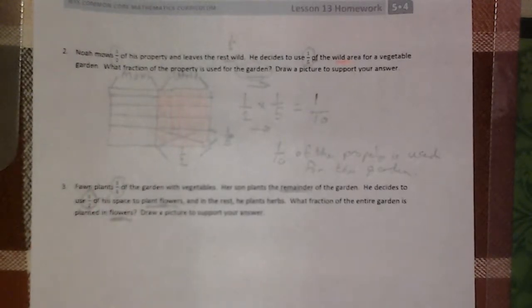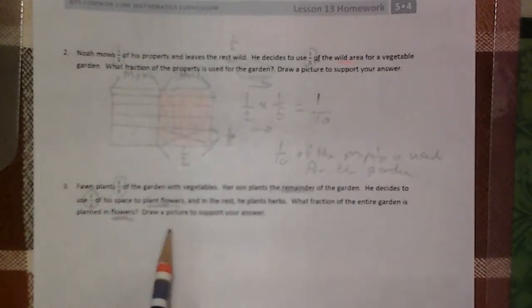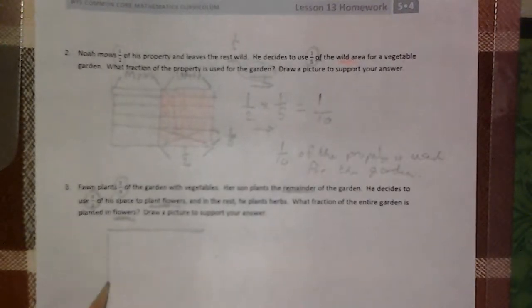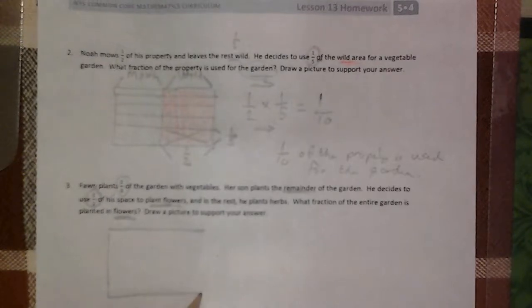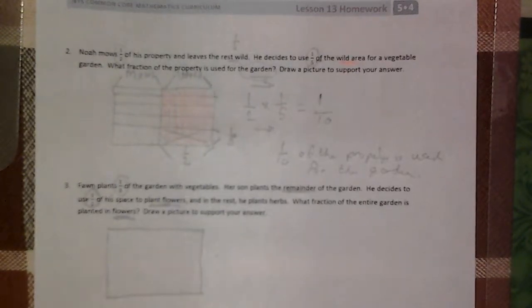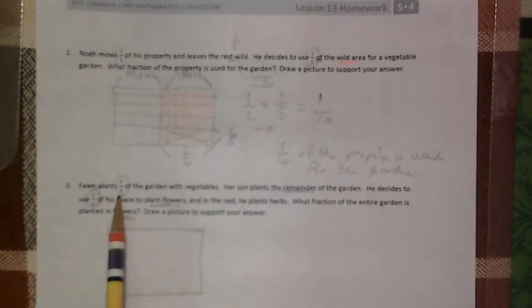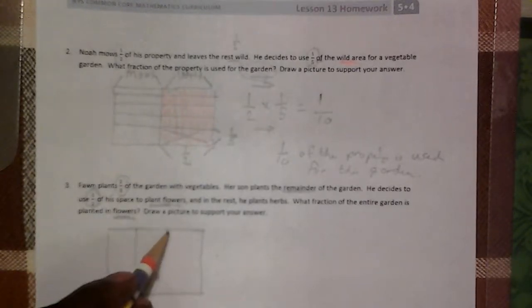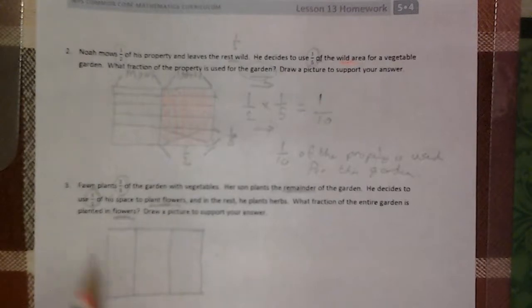Okay? All right. So let's look at this. So Fawn plants 2/3. So let's draw the whole garden. Remember, draw it big so you can see what's going on, right? So we've got plenty of room, so we can draw it nice and big. Okay, so if she used 2/3, how many pieces do we have to split it up into? Into 3 pieces. 1, 2, and she used how many?